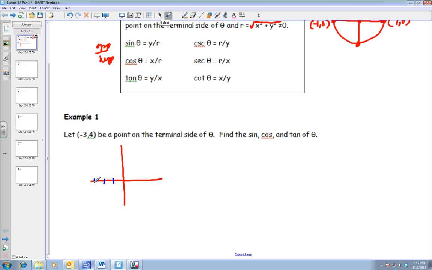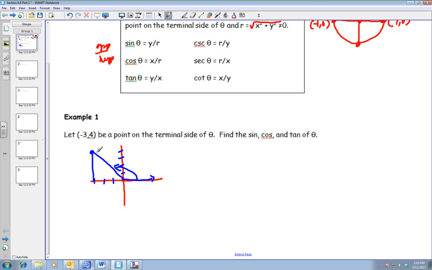1, 2, 3, 1, 2, 3, 4. Okay, so here's that point. All right, so from that point, I'm going to draw a triangle. And my triangle will always start, because this is the angle that they're talking about, if I'm starting here, standard position, here's my angle.